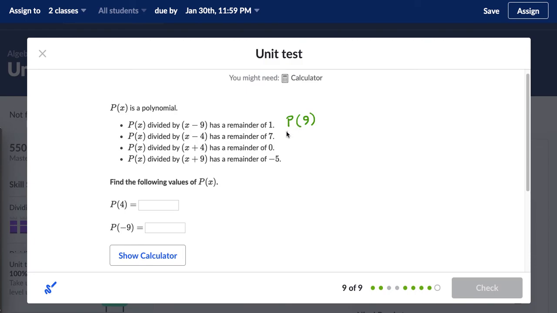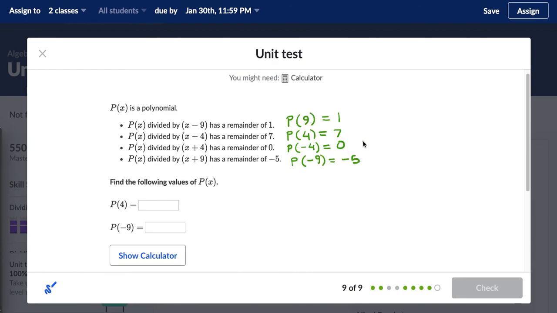This is solving p of 9 will give you a remainder of 1. P of 9 equals 1. This one here tells you that p of 4, so changing the sign, equals 7. This one here tells you that p of negative 4 is equal to 0. And this one here tells you that p of negative 9 equals negative 5.